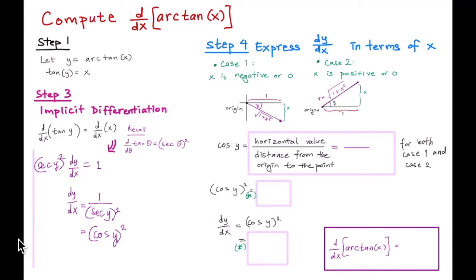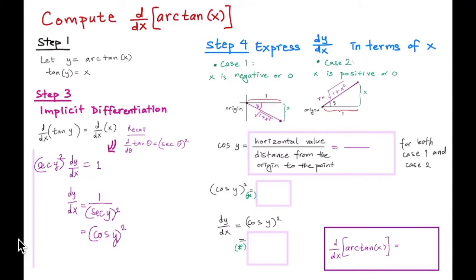So we're almost done, except this is in terms of y, but I want something in terms of x. So now going back to the picture we drew earlier, here I have that the horizontal part over the distance from the origin to the point, or you can think of it as the hypotenuse length, that will be cosine of the angle y.